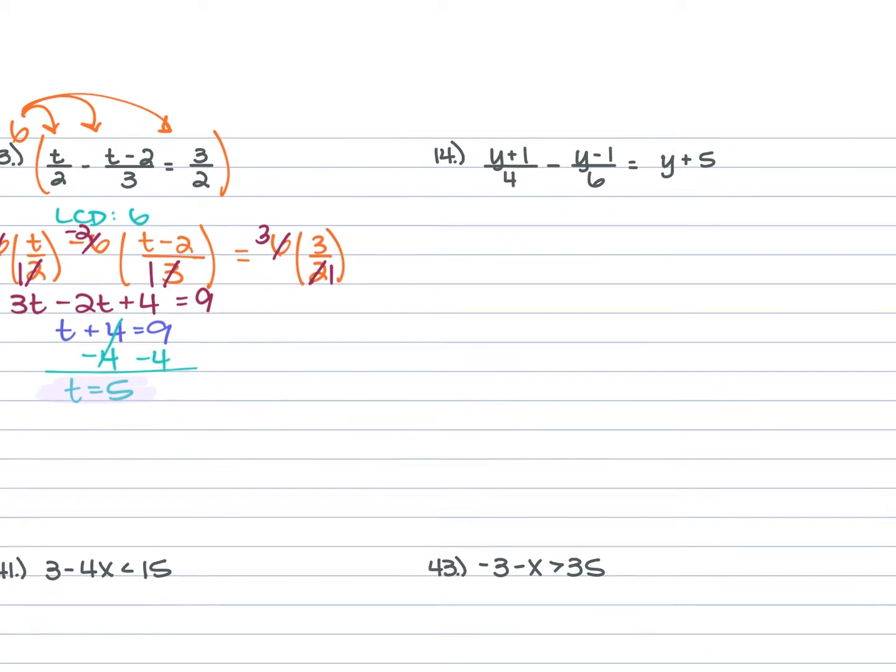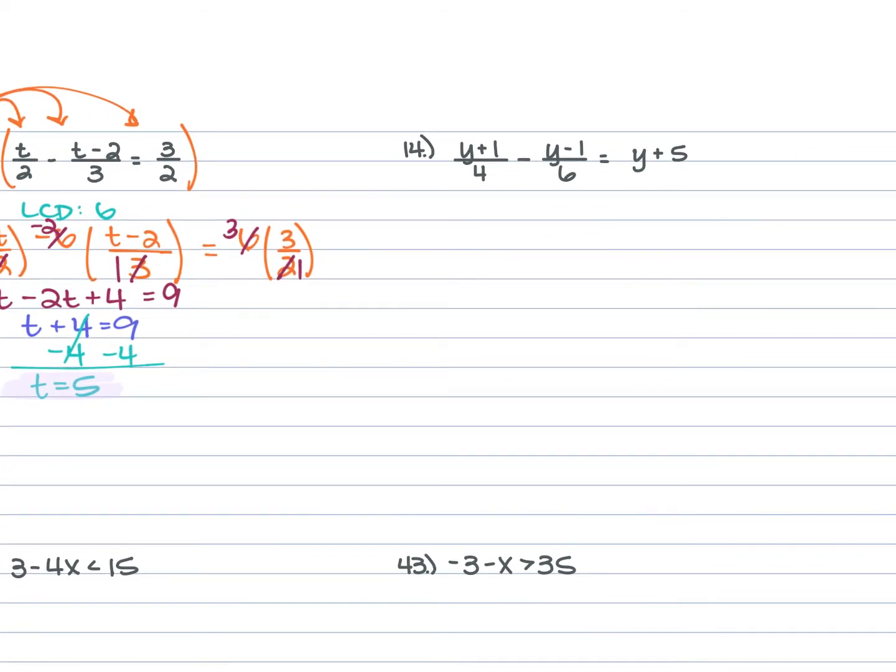The next one we're going to look at is number 14. We have y plus 1 all over 4 minus y minus 1 all over 6 is equal to y plus 5. You have two fractions on the left side of that equal sign. What is your least common denominator here? 12.